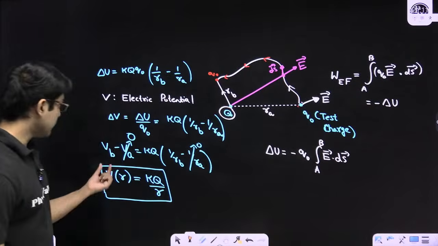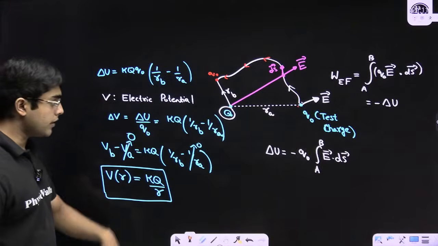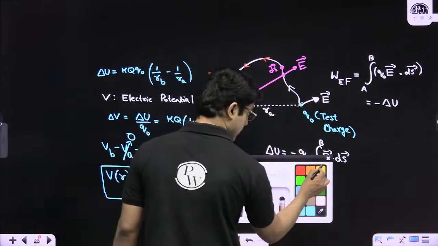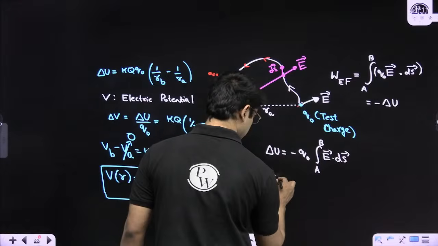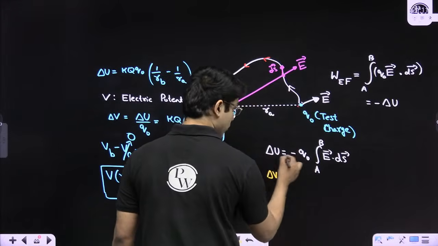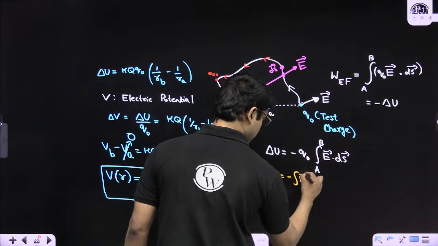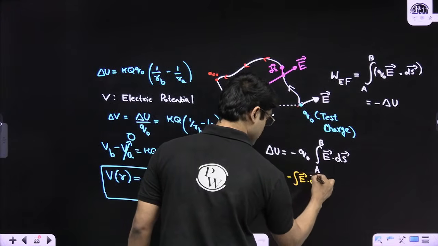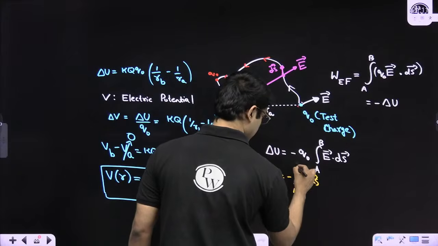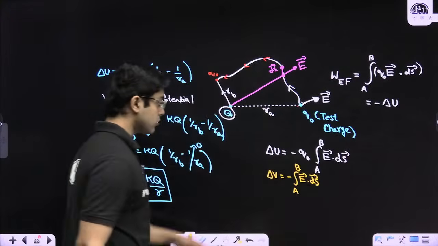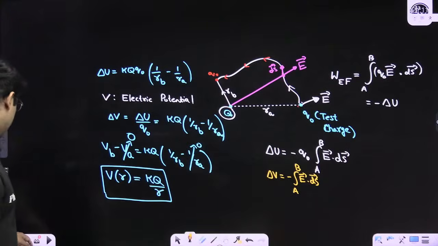Now potential difference is delta U divided by Q naught, which is simply negative integration of E dot ds from the point A to B. This will give you the potential difference.